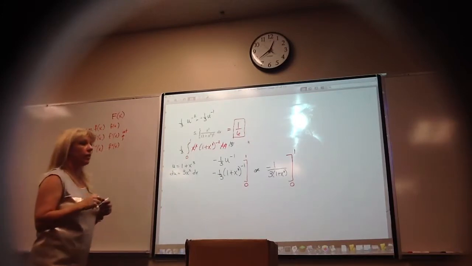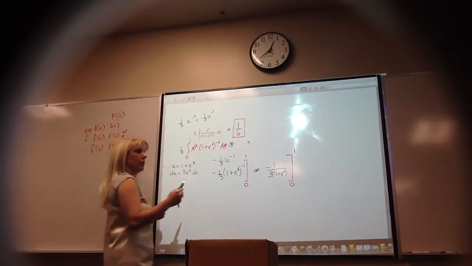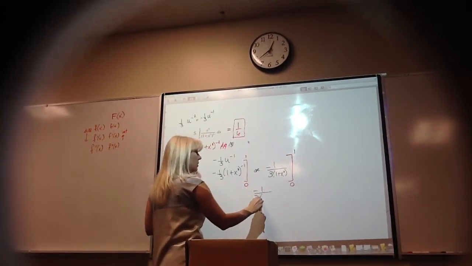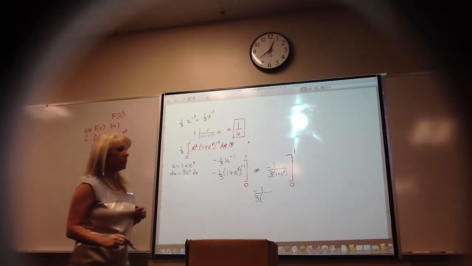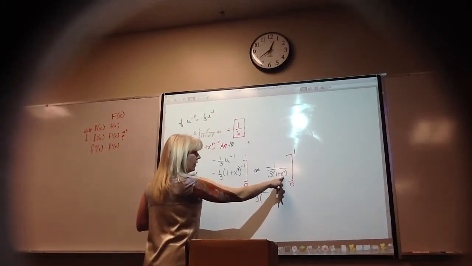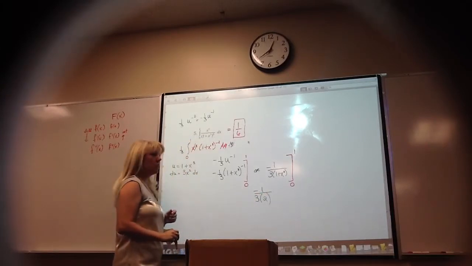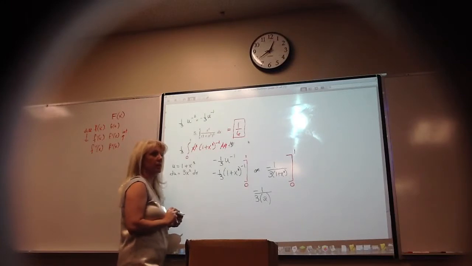Be careful. So plug in our top number. We would have -1/3 times, what's 1 plus 1 to the third power? 2. Okay? Now, just because there's a 0 for the bottom limit, don't skip that step. You're plugging it in.